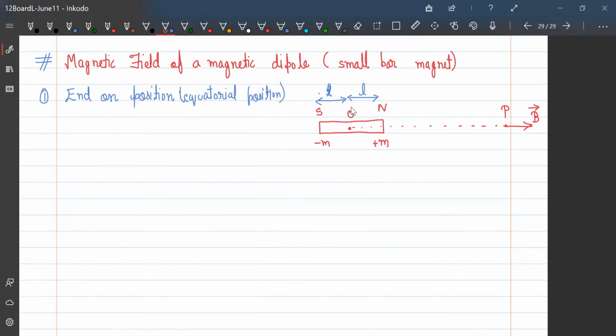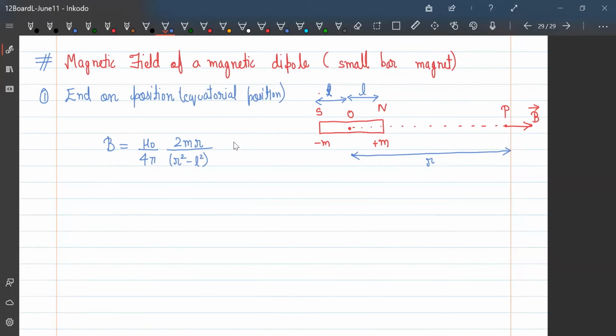To calculate accurately, let us say the distance of point P from the center O is r. The value of the magnetic field that comes is mu0 by 4 pi, 2 m r whole divided by r square minus l square.